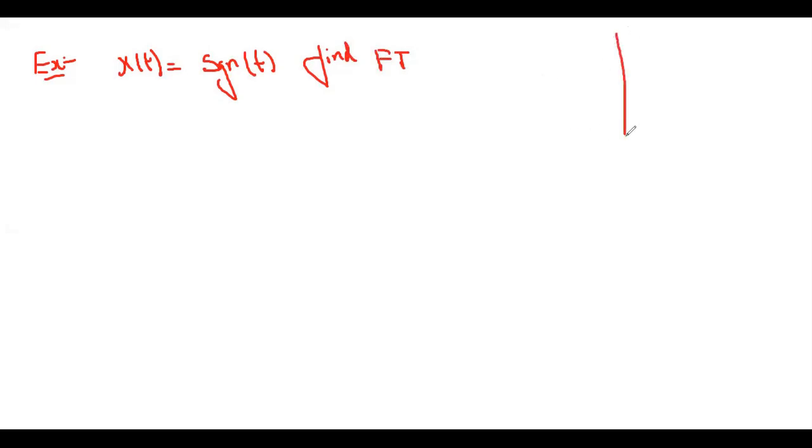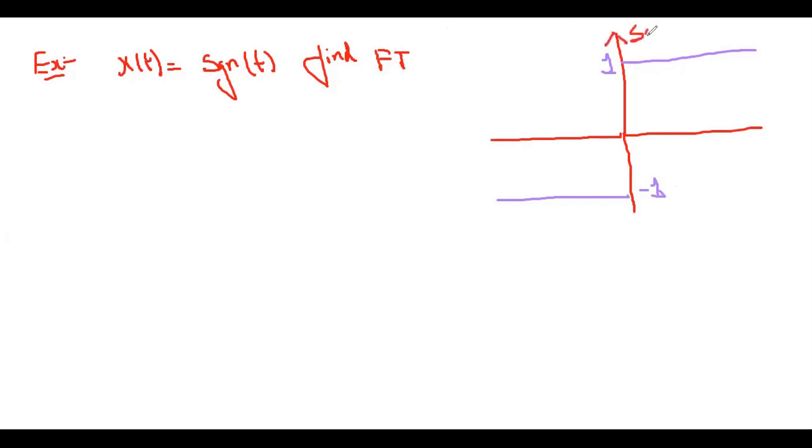It is plus 1 for positive values and minus 1 for negative values. That is nothing but the signum of t, from 0 to infinity and minus infinity to 0. This is the graphical representation of the signum of t.